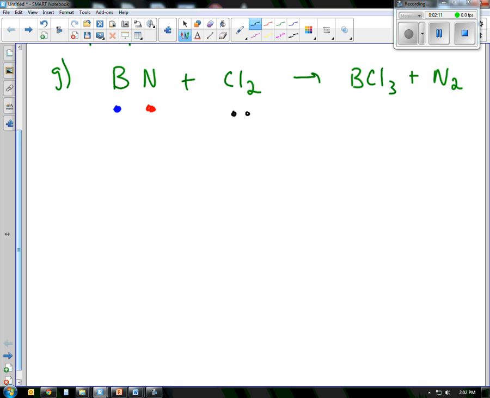We've got 2 chlorine atoms there, and then when you get over to this side, we've got 1 boron, we've got 3 chlorines, 1, 2, 3 chlorines, and we've got 2 nitrogens, and you start to take a look at all of the atoms on the reactant side compared to all of the atoms on the product side, and our conclusion would be we have gained mass.